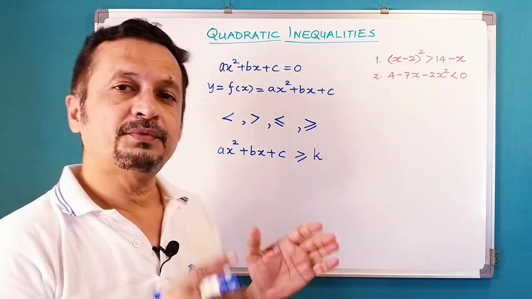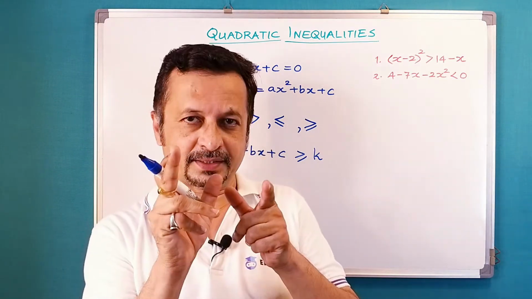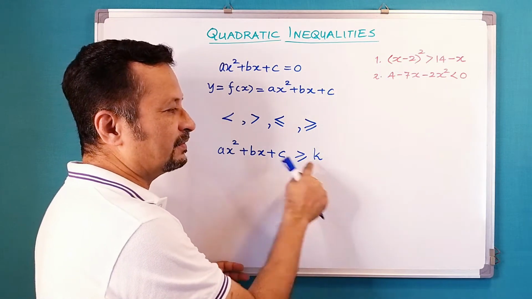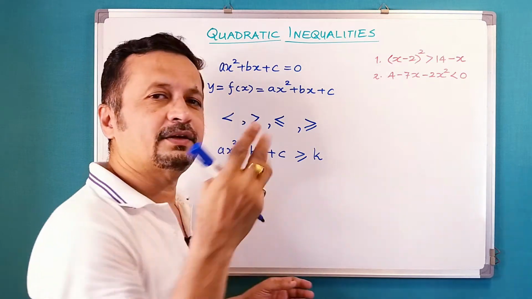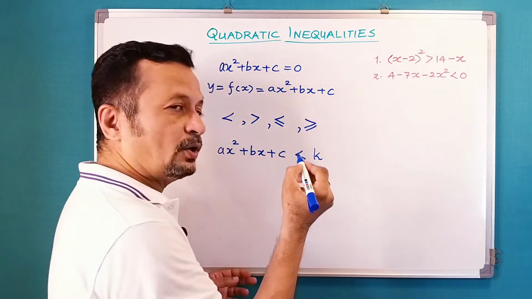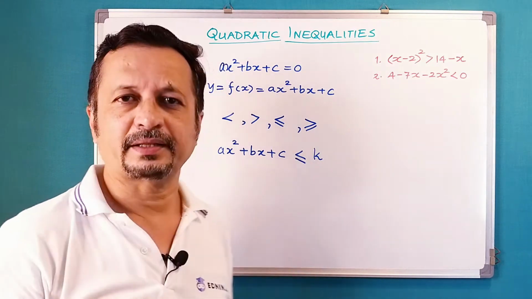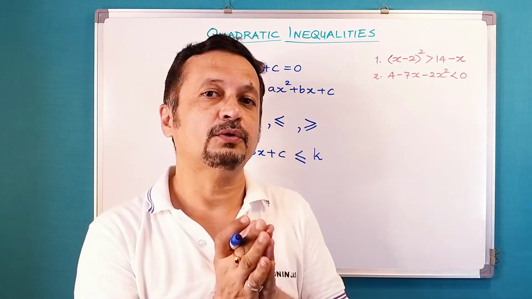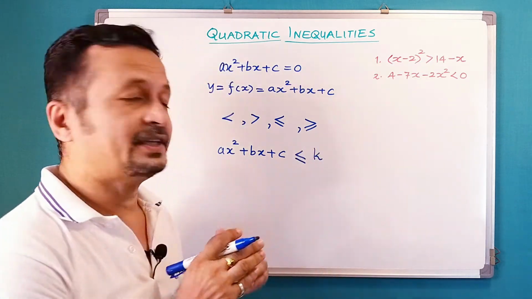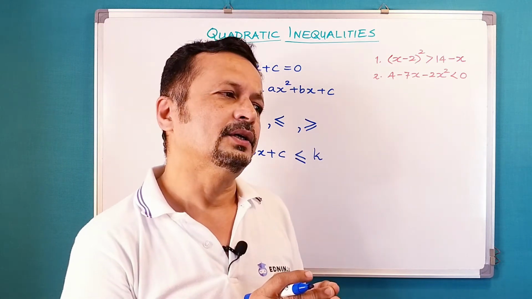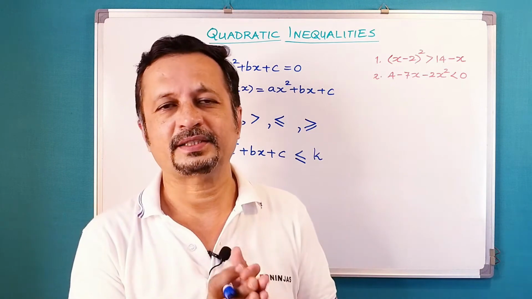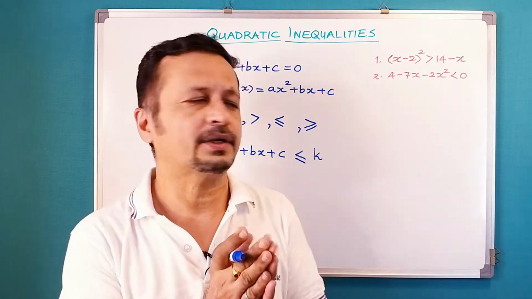Here we have to find the value of x for which this quadratic function will have a value greater than or equal to k, or it can also be less than k or less than or equal to k. So we have to figure out the values of x for which this particular inequality is satisfied. So in short, you have to find the domain of x. That is what we need to do here.